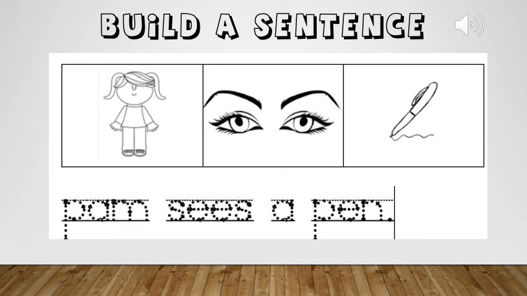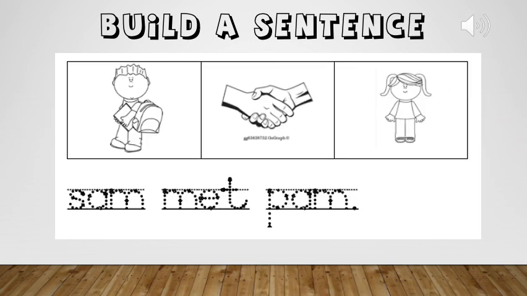So after you have discussed the sentence, the child practices tracing down the words. Do the same with these pictures. Remember that when 2 people shake hands, we are saying that they met one another. When you meet someone for the first time, you normally shake hands. So this sentence would be about 2 characters meeting one another. And we know the word met.